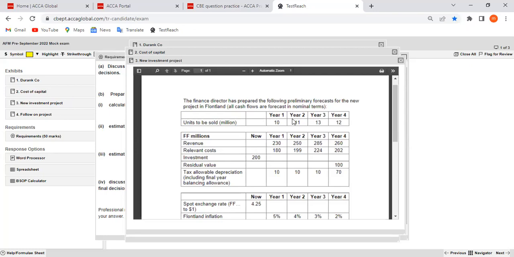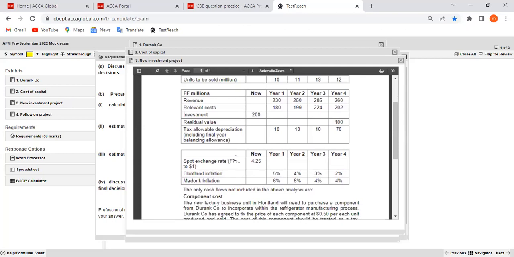The units to be sold have been given to you, all the data the examiner provided. The revenues have been given to you. The relevant cost, this is the investment. This is the residual value. The depreciation has been given to you, including the final year balancing allowance. Then these are the spot rates that have been given to you.